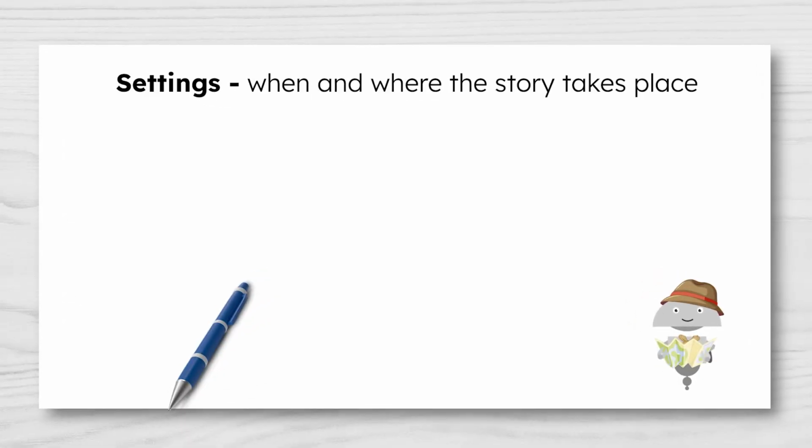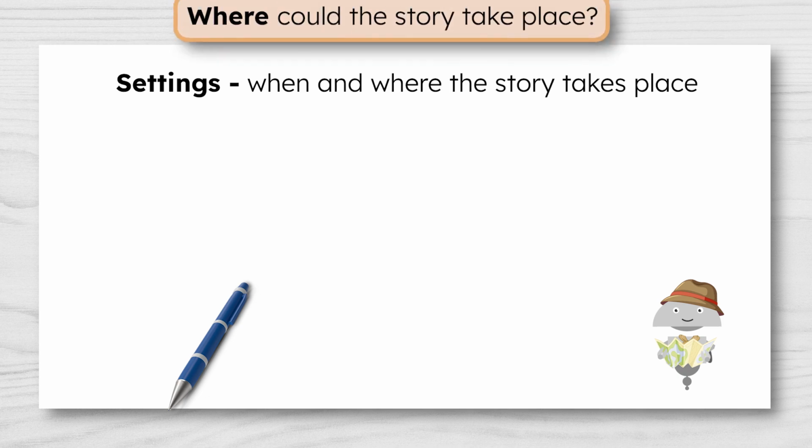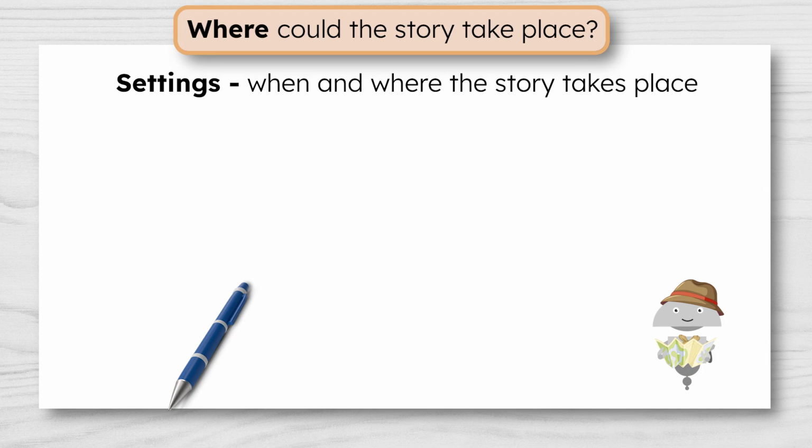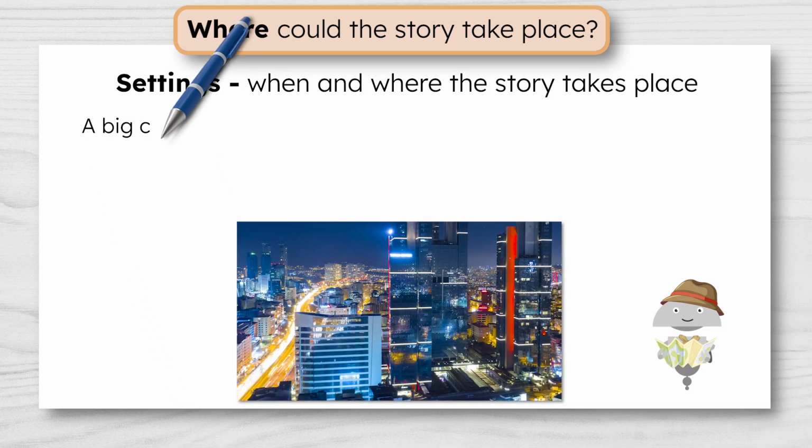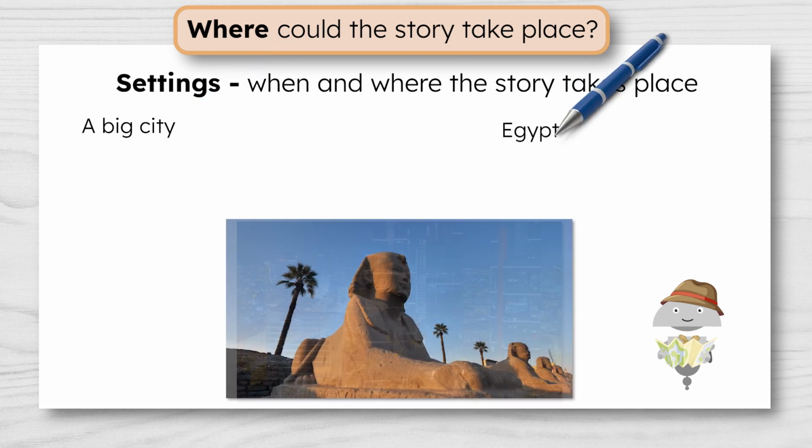It's super simple. Let's kick off this brainstorming session with settings. Remember, the setting is where and when a story takes place. To help us brainstorm, it can be useful to ask ourselves questions. Where could the story take place? It could be somewhere real, like a big city or Egypt.